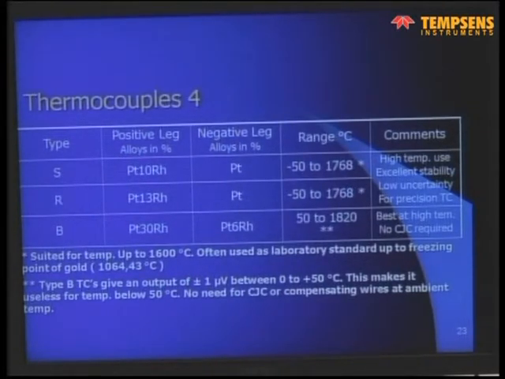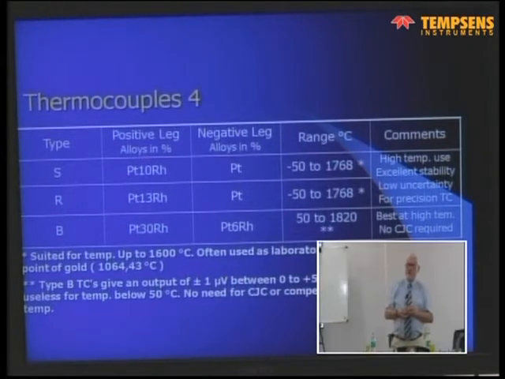And so no compensating wire is needed, as long as you can keep the point where the copper wire is connected to the platinum-rhodium wires below 50 degrees centigrade.